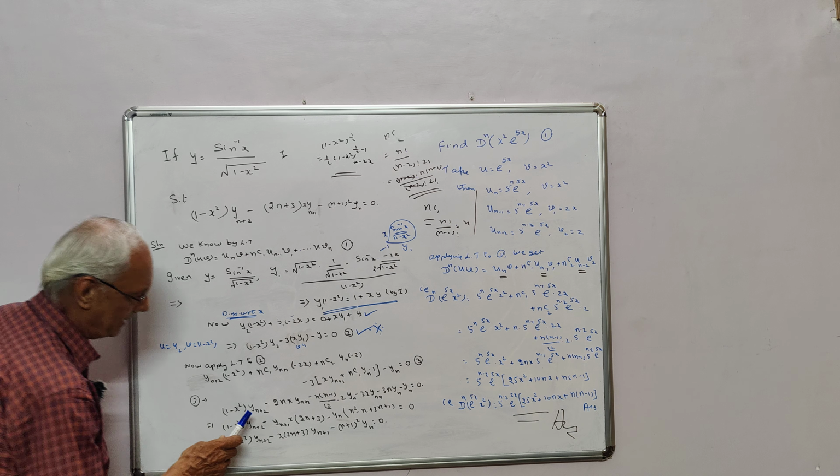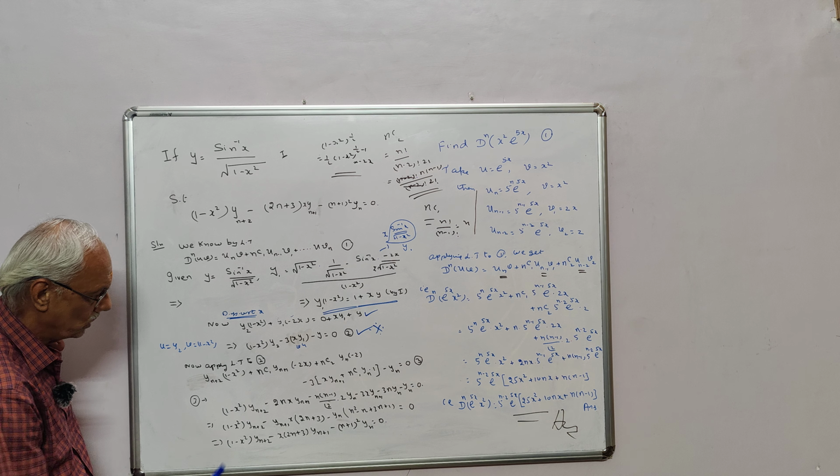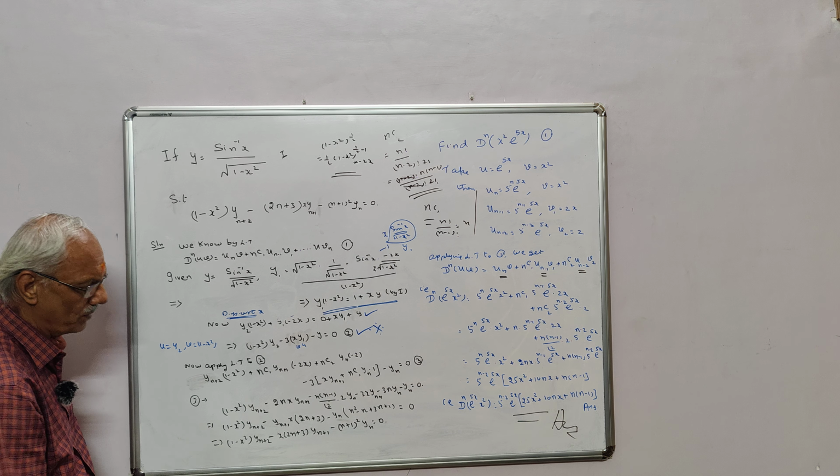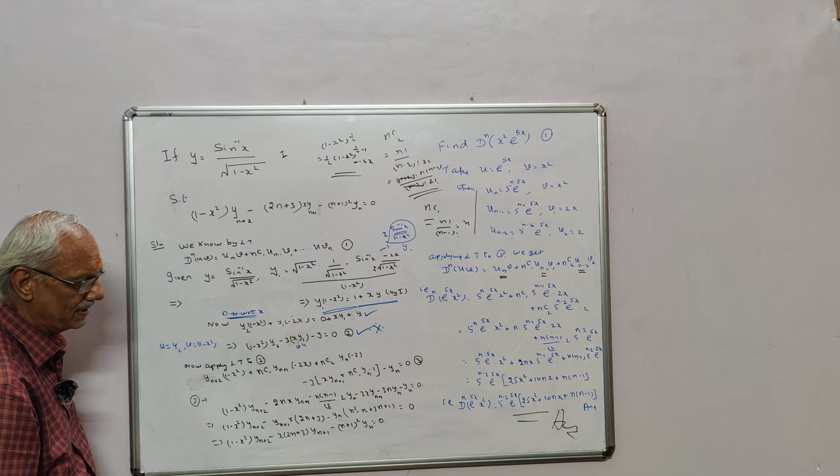Then I collect the coefficient of yn plus 2. See, for yn plus 2, the coefficient is 1 minus x squared. Wherever nc1 appears it means n, and for nc2 it is n into n minus 1 divided by factorial 2. I replace nc1 and nc2 with their respective values and go for simplification.